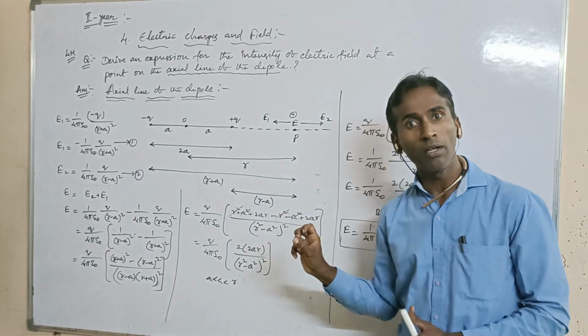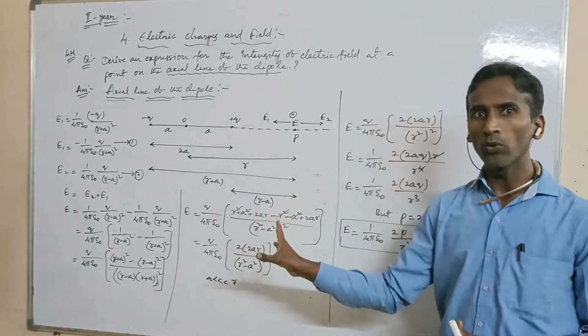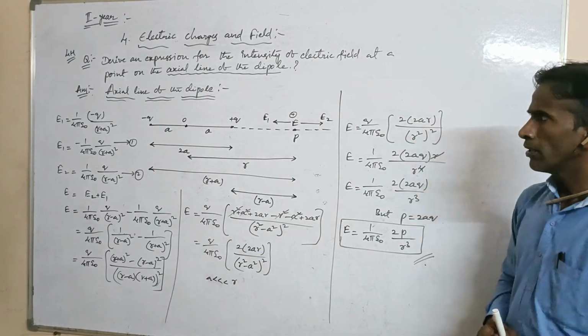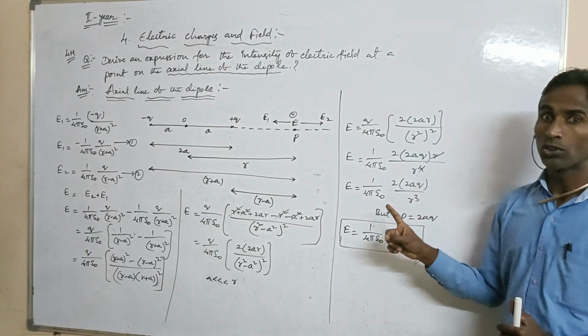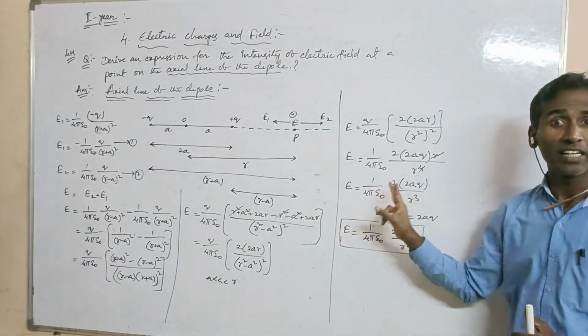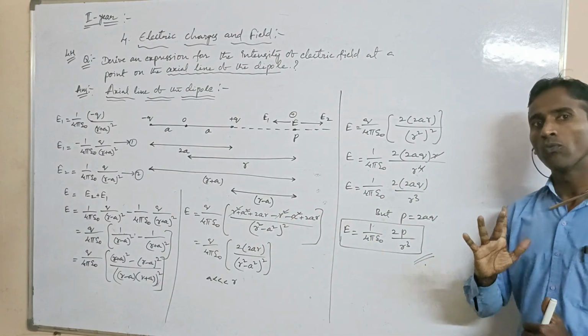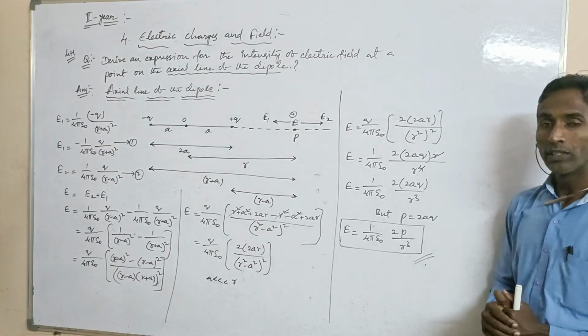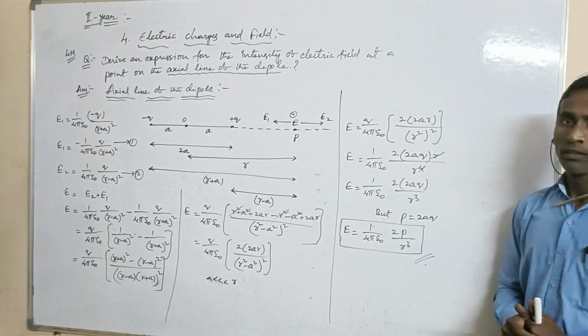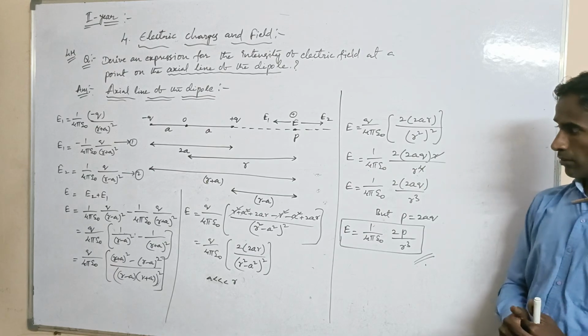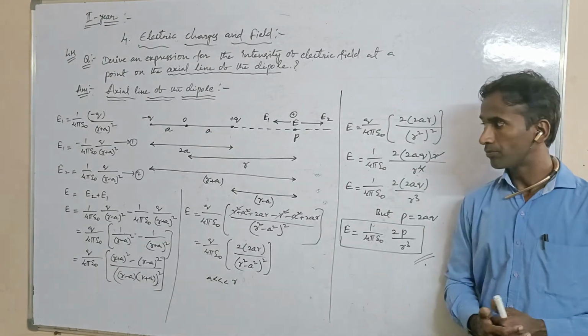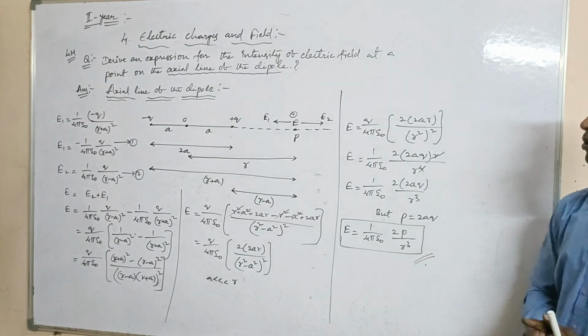How can we remember like this? I am giving the video completely. Whenever you start this question, you have to observe each and everything. Okay, don't forget. Once again we have to check this question. This is the most important question, 4 mark question.